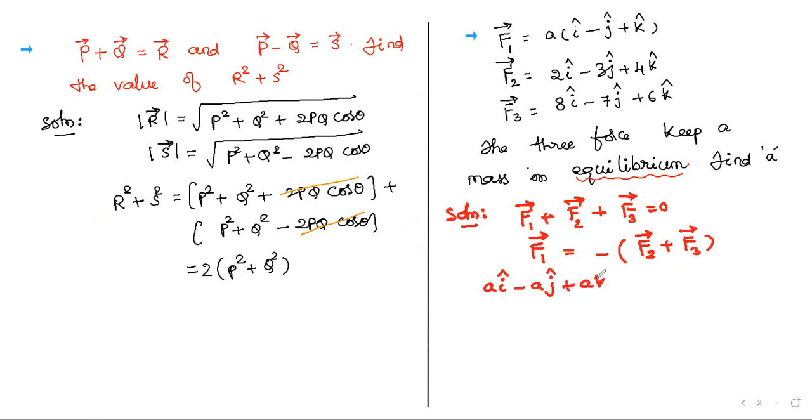F2 bar plus F3 bar means 8 plus 2, 10 I cap. Luckily, we wrote one below the other there. Minus 3 minus 7 is minus 10 J cap. And here 6 plus 4, 10 K cap.